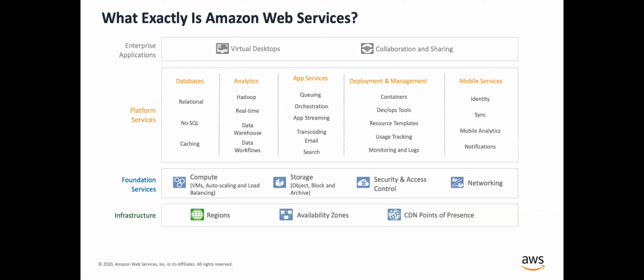Then there are platform services. From a data scientist perspective, you care a little bit about database and analytics, but really behind the scenes, you need to touch everything else, because there are different types of application services that support this database and analytics. There's a deployment management component under the hood.